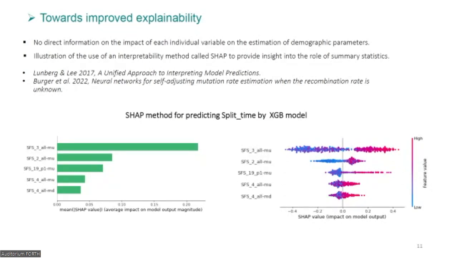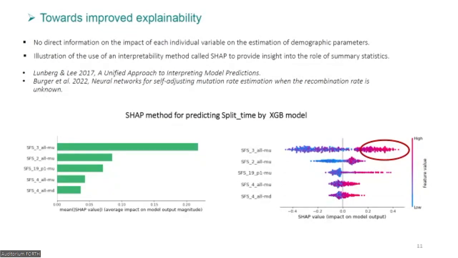That was a model that was able to detect some very important features. One first thing that we saw is that we have the same top feature that we get with the permutation feature importance, the number of tripletons in the overall population, as very important in the prediction. And then thanks to SHAP values, we can see the impact of these features on the prediction of the split time.